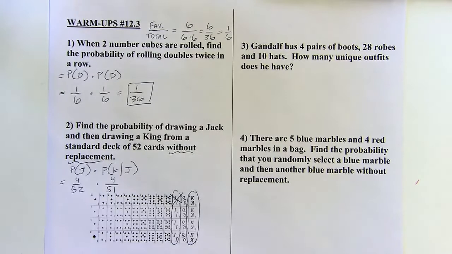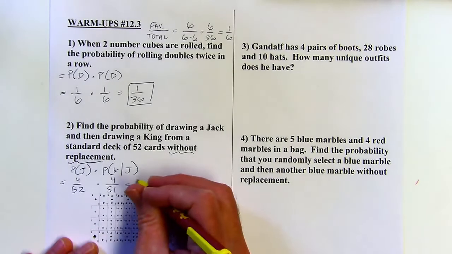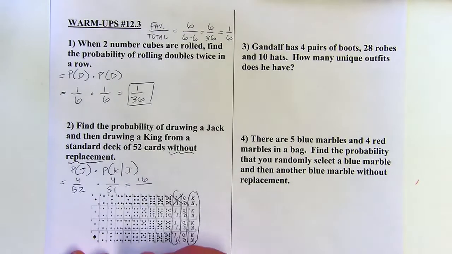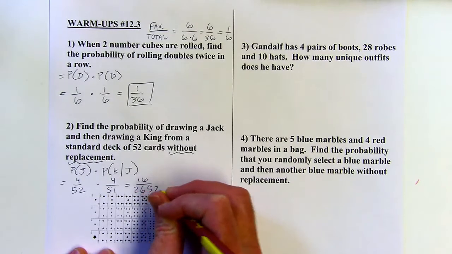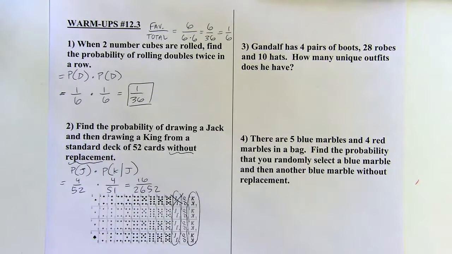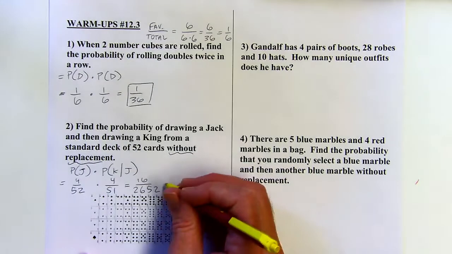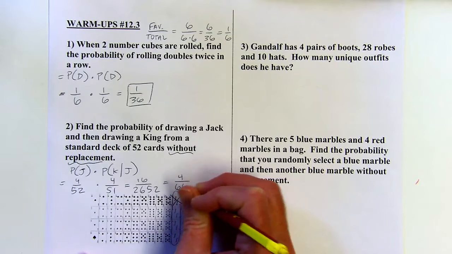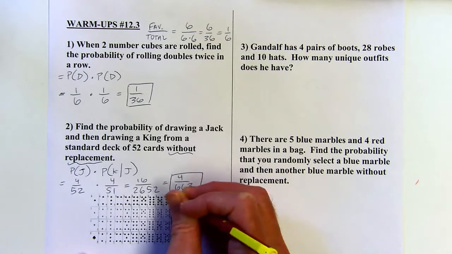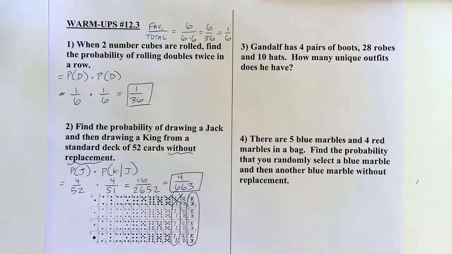And then when you multiply straight across, we get 16 over 2,652, that's what 52 times 51 is. And you can reduce that. 4 goes into both of those numbers, so if you divide by 4 on top and bottom, we're going to get 4 out of 663.